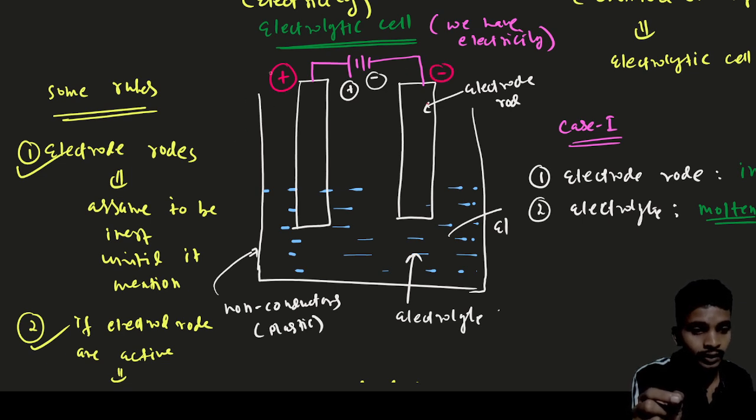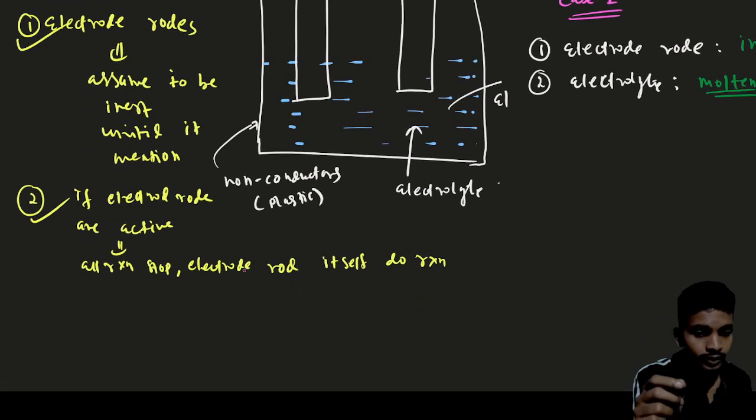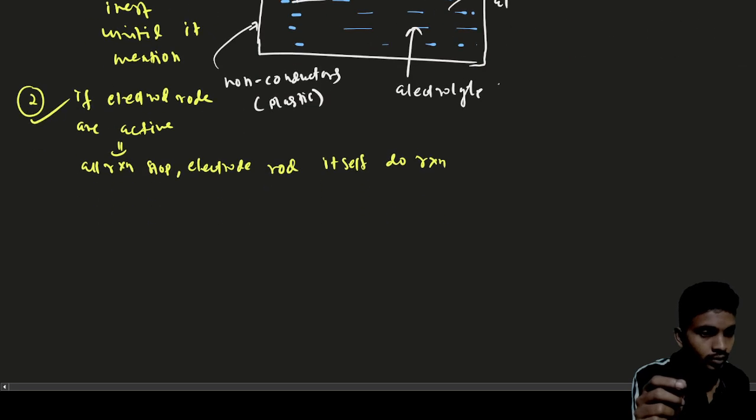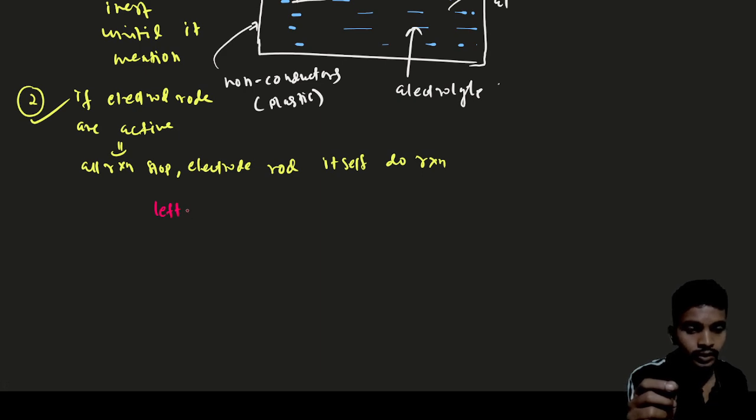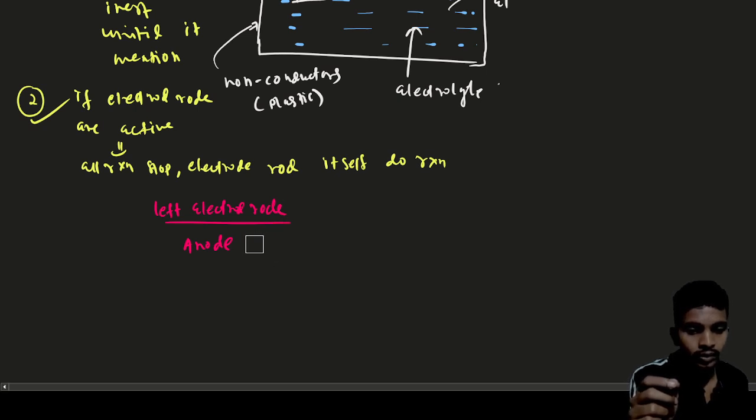The left side electrode, which has positive charge, is called the anode, and the right side electrode is the cathode.